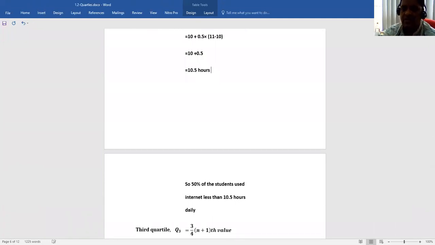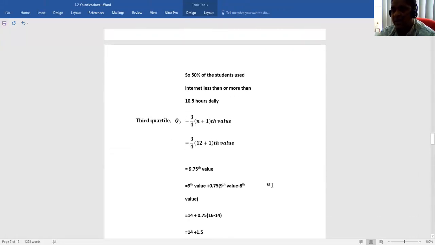As we know from the definition of quartile 2, 50% of the students use the internet less than 10.5 hours, or you can say 50% of students use the internet more than 10.5 hours.